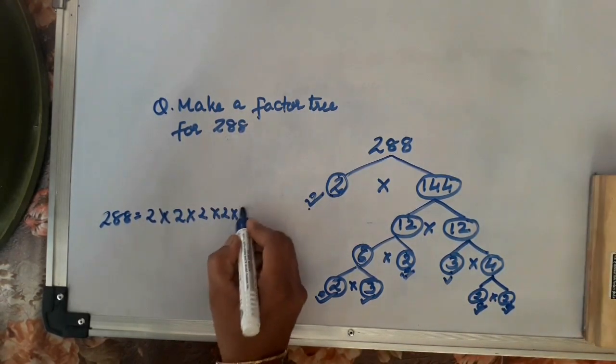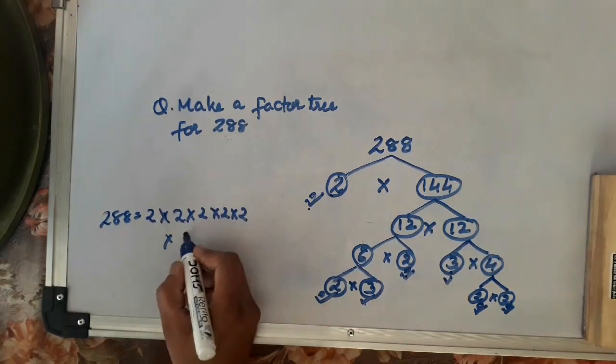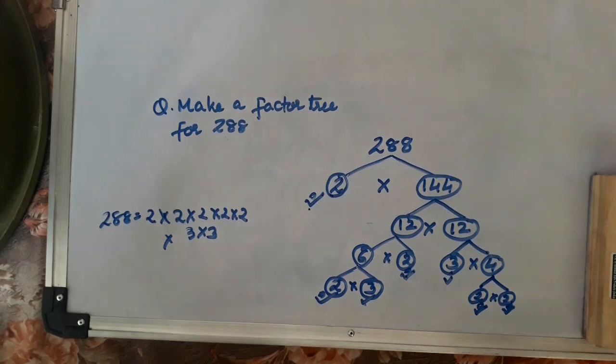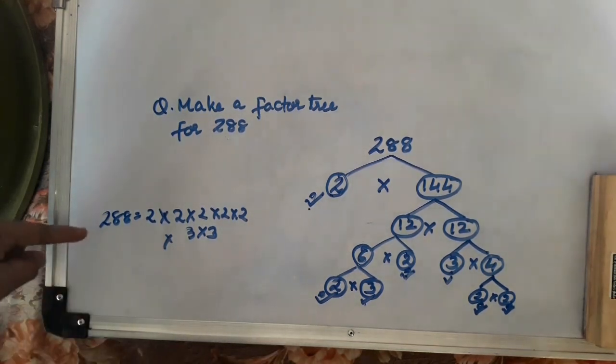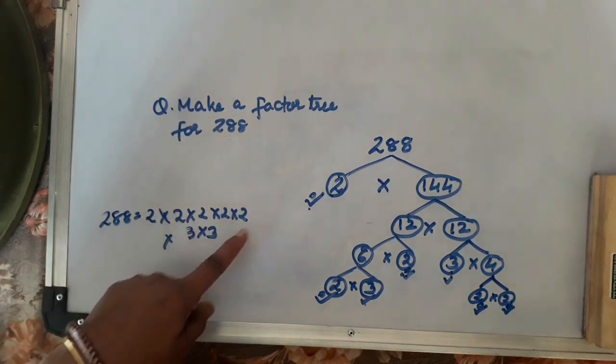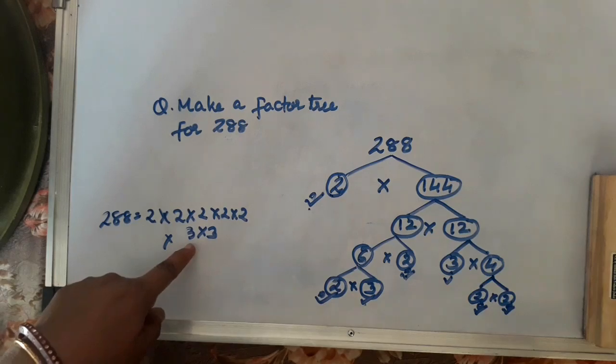Then we got 3 two times. So multiplied by 3 into 3. So here we got the answer as 288 is equal to 2 to the power 5, multiplied by 3 into 3, that is 3 squared.